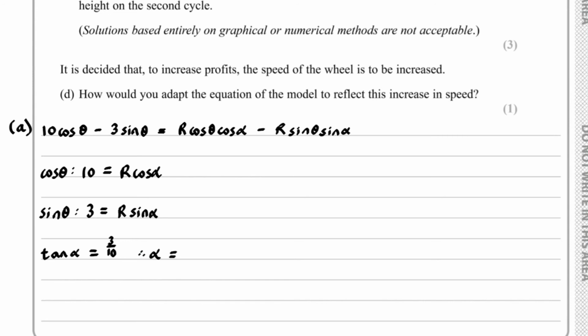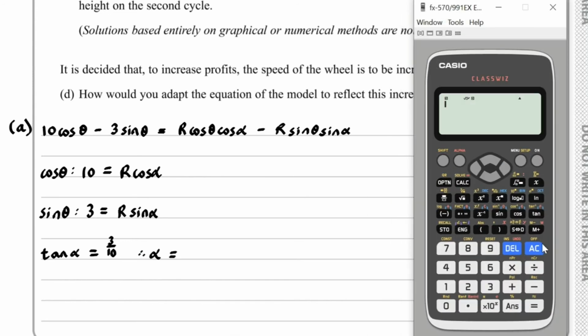So we can find out what alpha is. We've got the inverse tangent of 3/10, and it turns out we get 16.69, etc. To 2 decimal places, let's just call it 16.70.